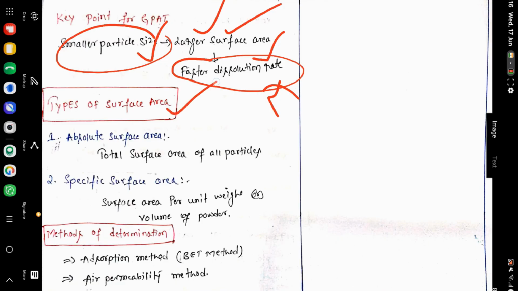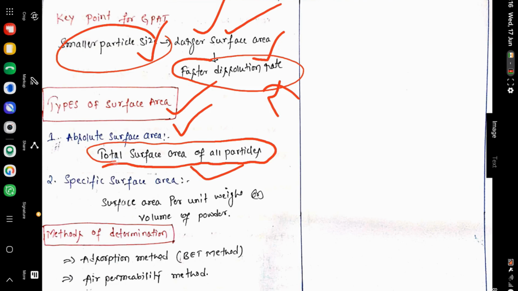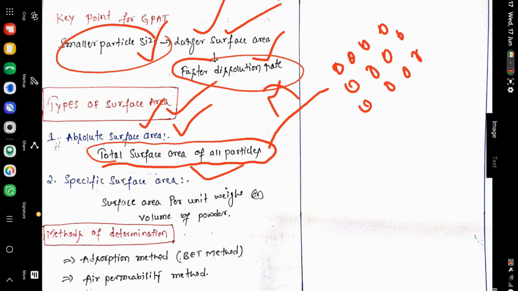Types of surface area: first one is absolute surface area, another one is specific surface area. Absolute surface area means total surface area of all particles, the total number of particles which are present in the powder sample, altogether surface area is called absolute surface area.